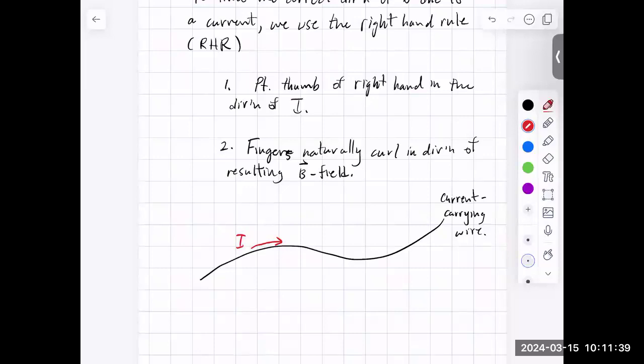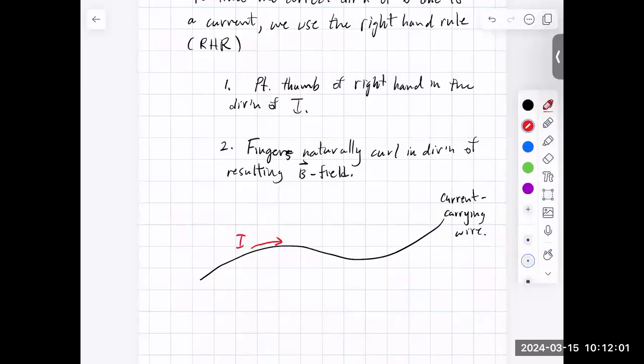All we have to do, and I encourage you to practice this, is, there's no shame in putting your hand up, right? No one's going to think anything less of you if you do it. So you put your thumb in the direction of the current, your fingers curl around. In this case, my fingers above my thumb are pointing out of the screen.